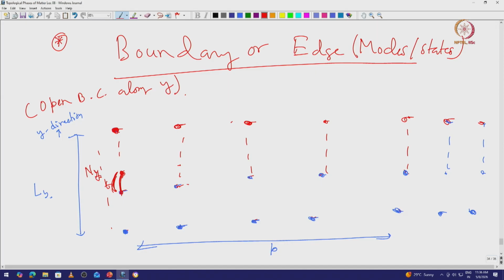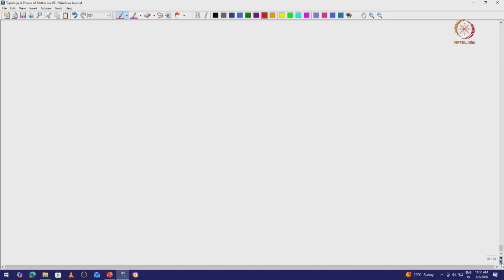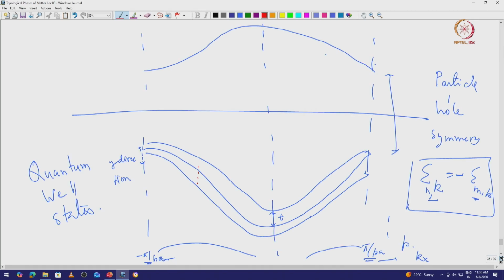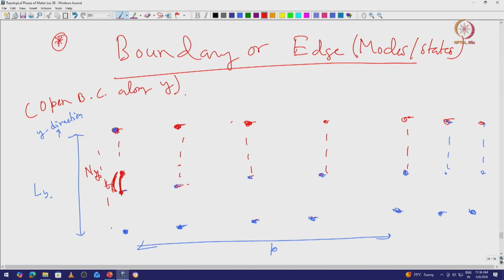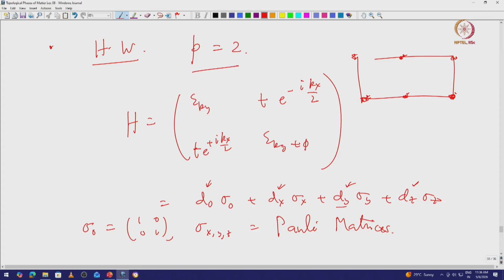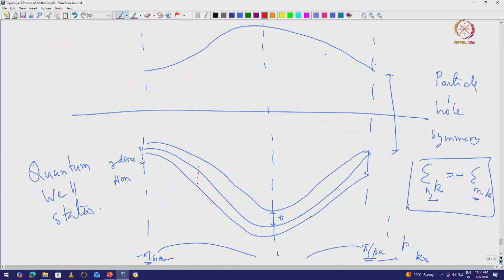So, what will happen to these states? It will be very surprising to us and we will not be able to show it. You can probably do it for a 2-band case. It is a good exercise for you to do it, and we will do it later on.